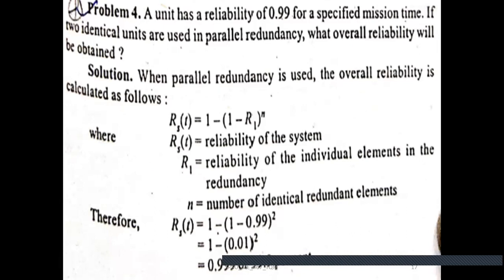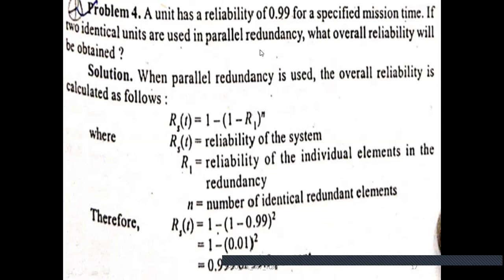The solution: when the parallel redundancy is used, we use this formula Rs(t) is equal to 1 minus (1 minus R1(t)) raised to the power n. Rs(t) is the reliability of the system, R1 is the reliability of the individual elements of the redundancy, and n is the number of identical redundancy elements.